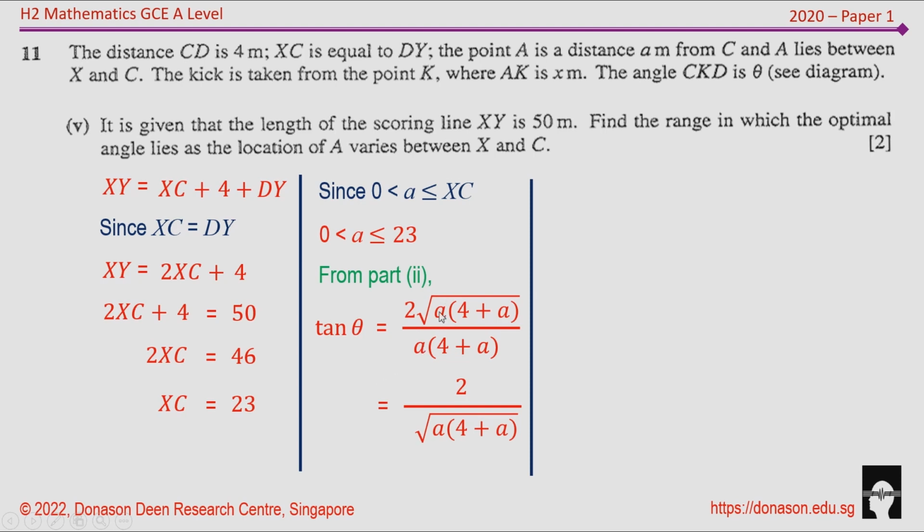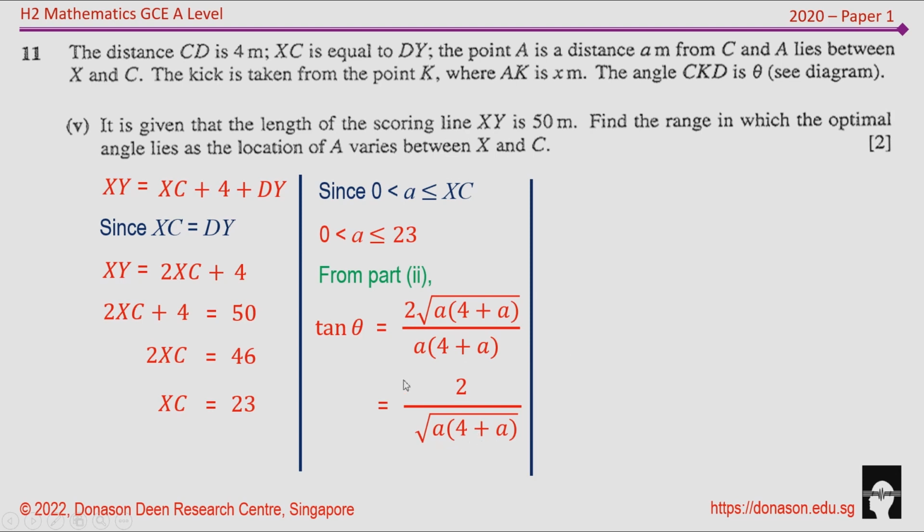Let me see. Oh yes, what I have done is I have rationalized it. That means I have multiplied the numerator as well as the denominator with the square root of A plus 4A. So if I multiply the numerator and the denominator with root of A times (4 plus A), the square root sign is going to disappear in the numerator, and the denominator is going to have this term.